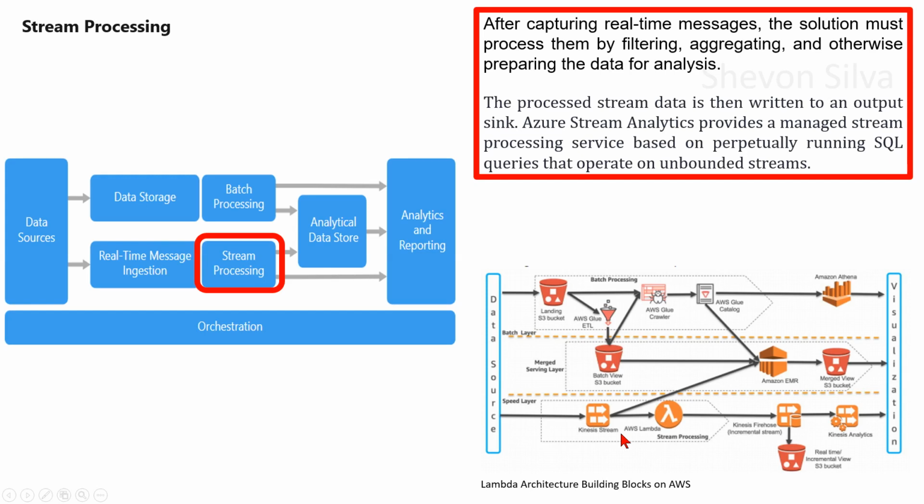Customers can use Amazon Kinesis Agent, a pre-built application to collect and send data to an Amazon Kinesis stream, or use Amazon Kinesis producer library, KPL, as part of a custom application.